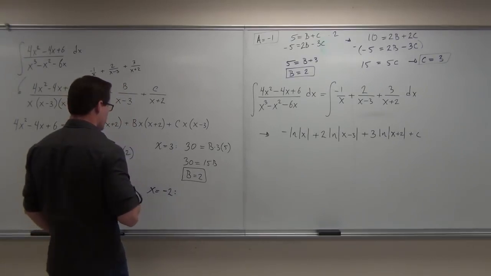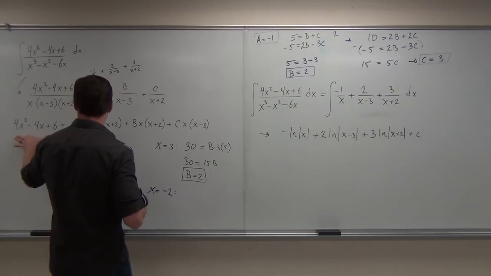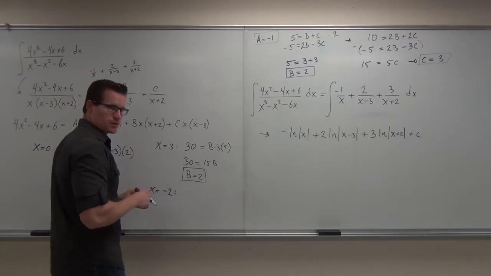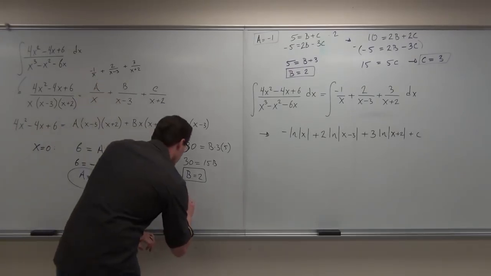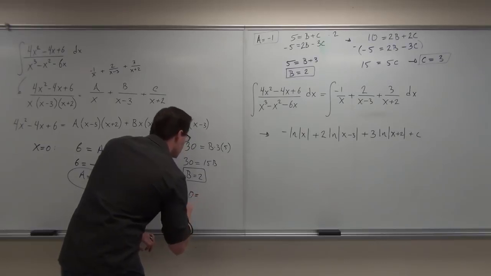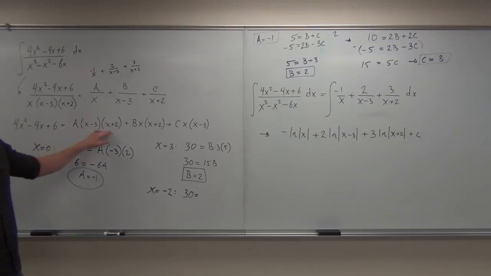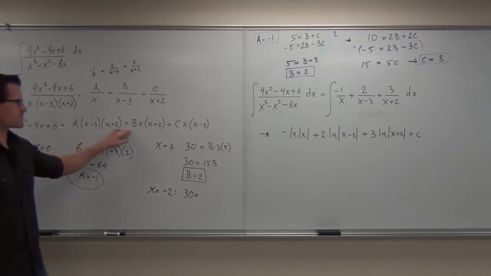What'd you get when you plugged in -2 over here? 30. You got 30? Y'all got 30? Positive 30? Yes. If I plug in -2, what happens to this term? 0. What happens to this term? 0.